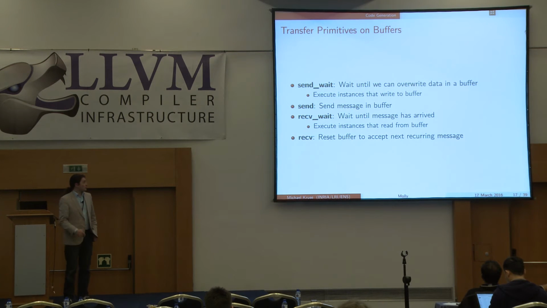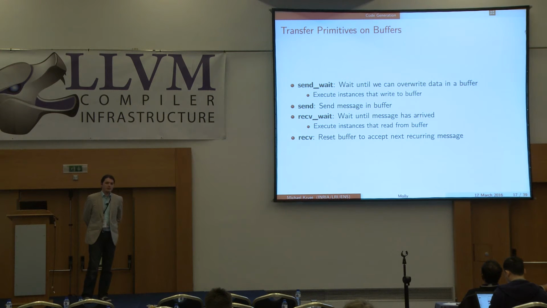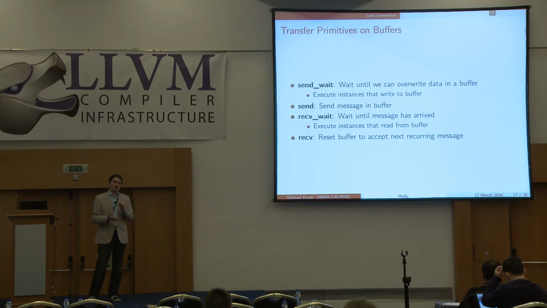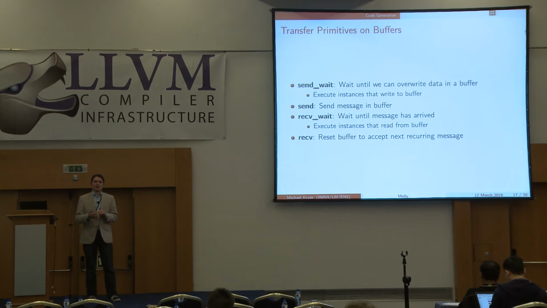What we need to insert then are four different primitives. One is send wait: we wait for a buffer to be available so that we can start writing into the buffer, that is, waiting for the previous communication event to have finished. Then we assemble the message and issue the send primitive, which starts sending it to the target nodes.